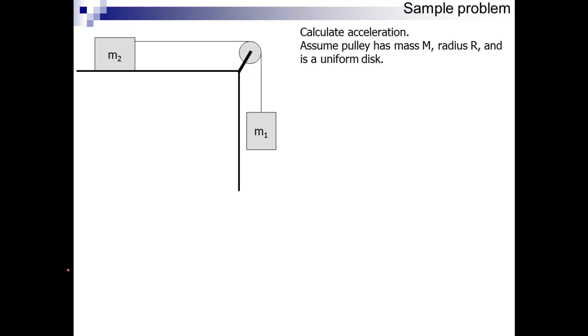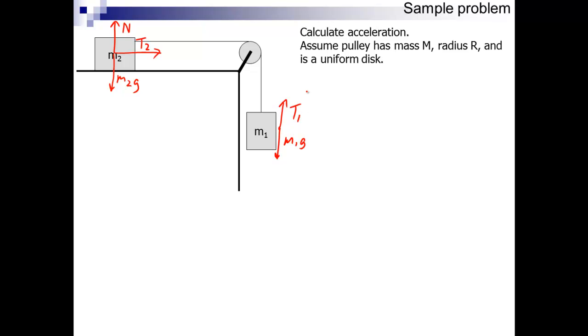So on M2, I've got a normal force pointing up. I've got a force of tension pointing along the string. We'll call that T2. And we have the force due to gravity, M2G. Likewise, on M1, I've got M1G. And upward, I have T1.